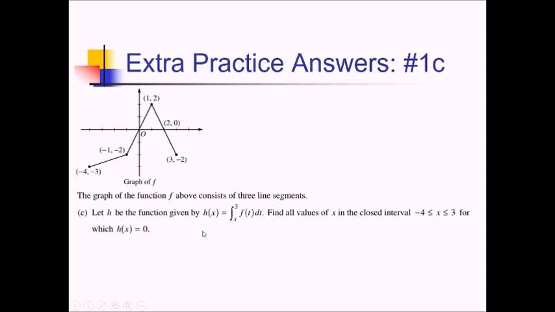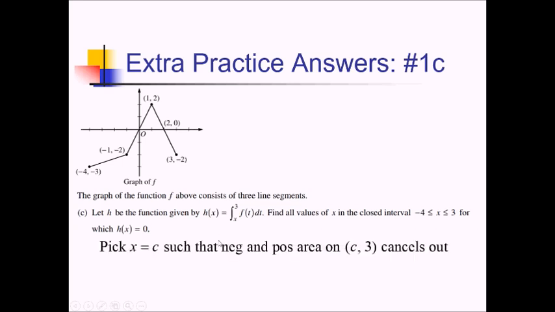Okay, so we're basically asking for a c value such that the areas on the interval from c to 3 are going to cancel out. The negative and positive areas that you would find by basically taking this integral by looking under the graph of f.